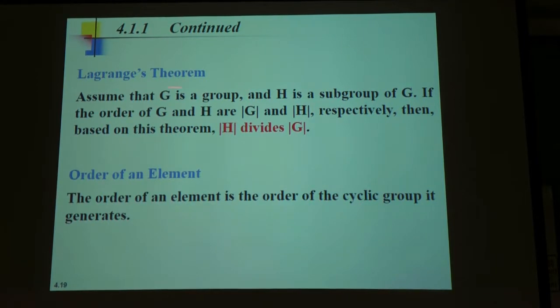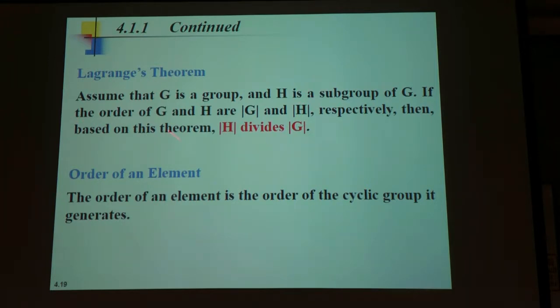All right. So it says that if you have a G group and H group, and H is a subgroup of G, okay? That's how we write the order, right? So the order of G, you put 2 lines, equals how much? 6, for example, and H whatever, respectively.